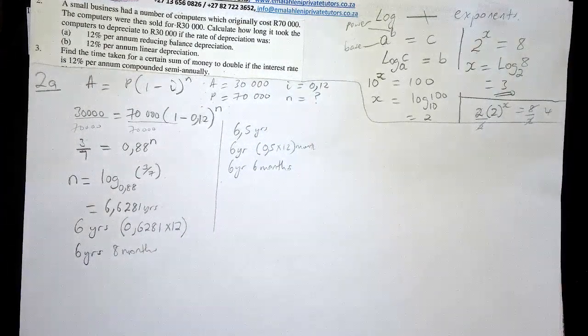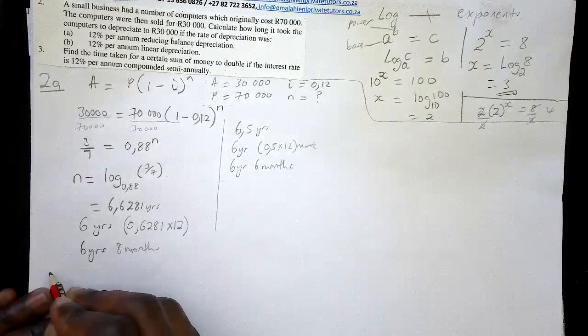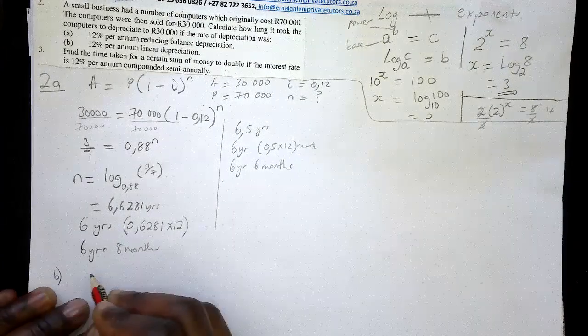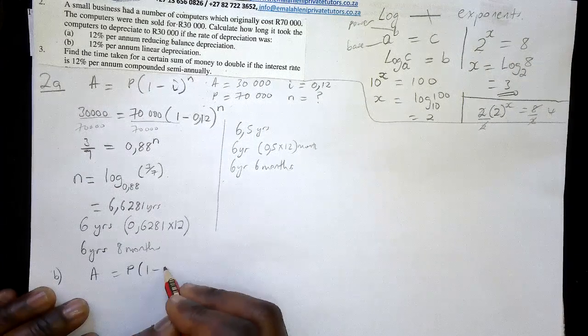12% per annum linear depreciation. Now for linear depreciation, we have A is equal to P(1 minus iN).